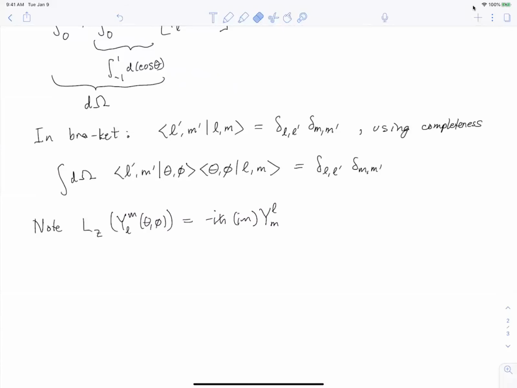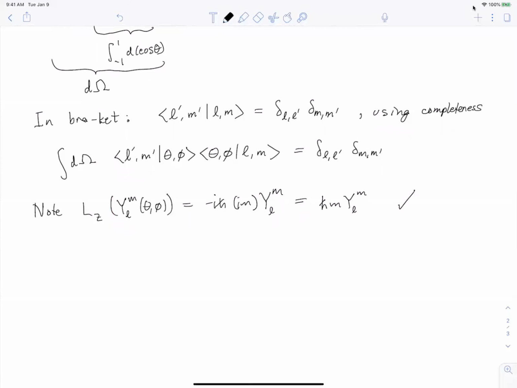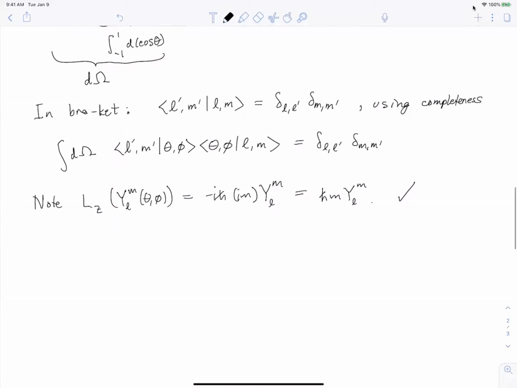This part right here has an e to the i m phi, so that turns that into i times m. Okay, and then minus i times i is 1. So this is h-bar m Y_lm. For some unknown reason, I've flipped these and I should not have. Okay, and that's verifying what we know the eigenvalue with respect to L_z was for this eigenstate.